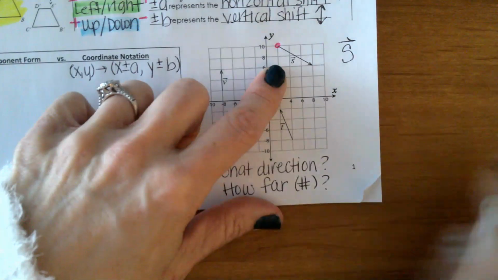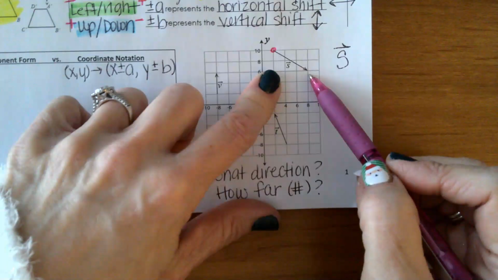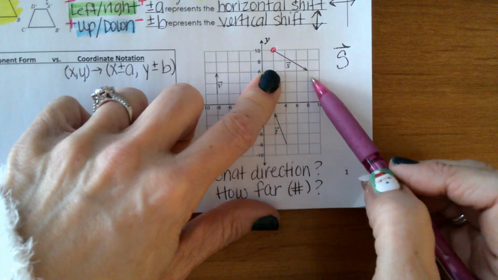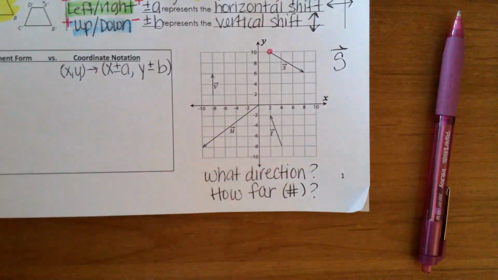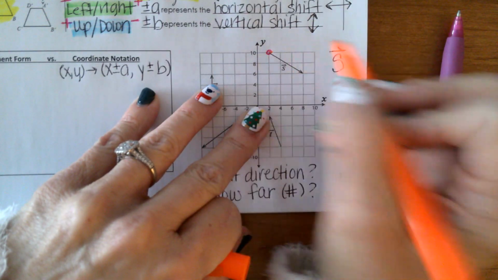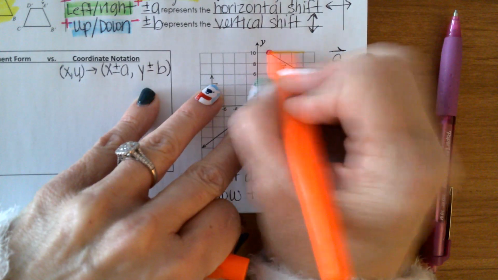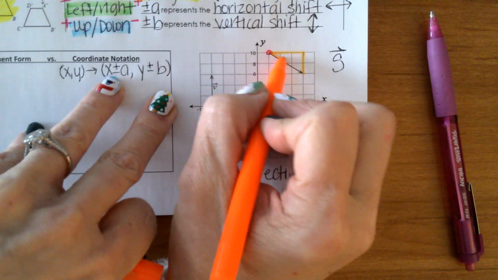This little dot right here is going to be moving in this direction. Now, in order to make this diagonal movement happen, what is actually going on? Well, it's moving this dot to the right, and at the same time it is also moving down, and that's what generates that diagonal.